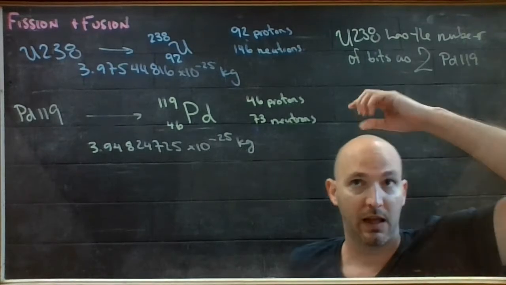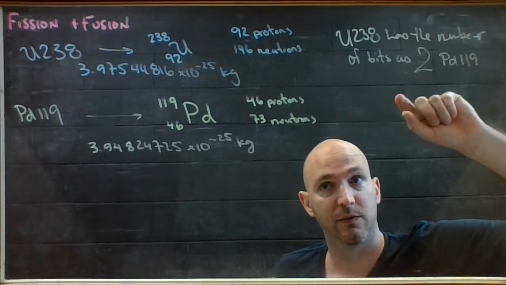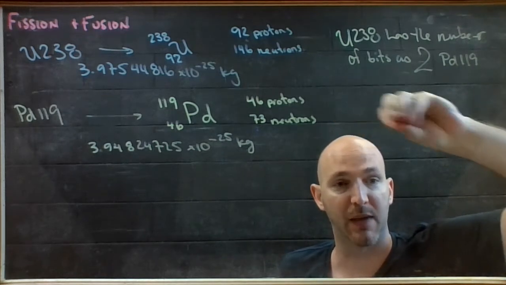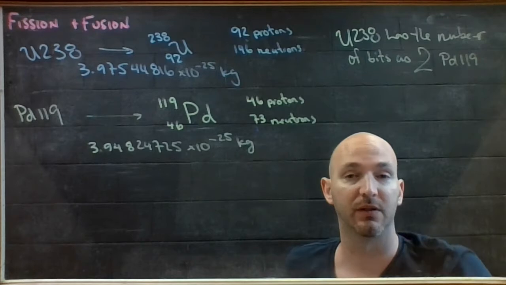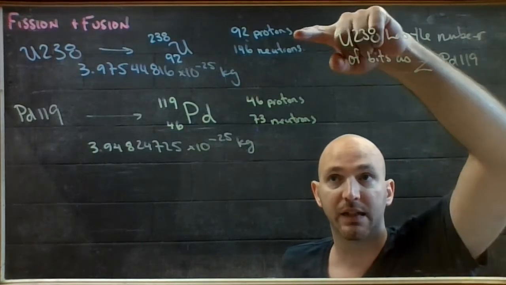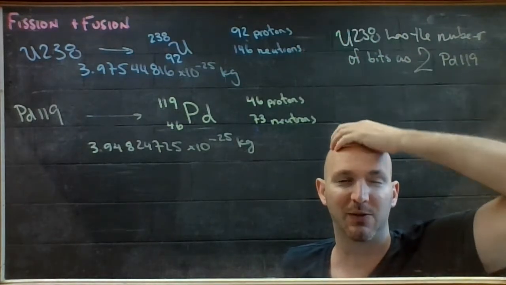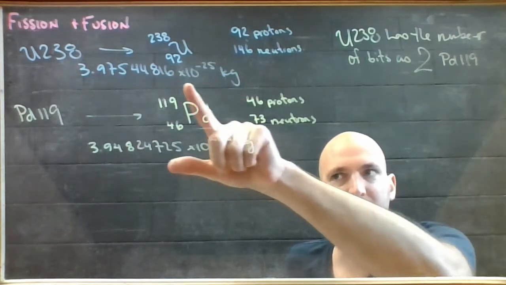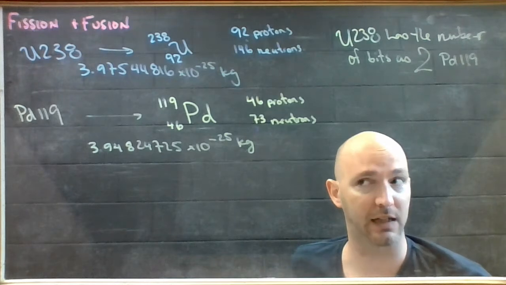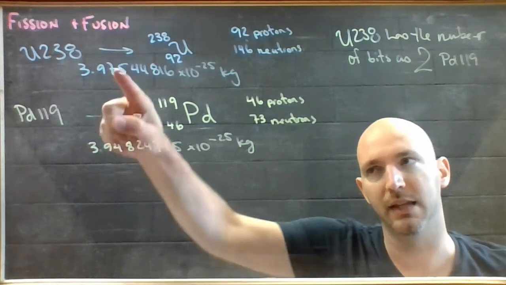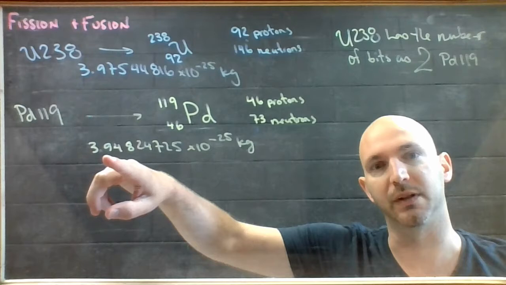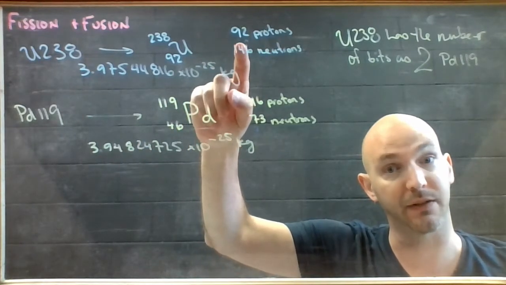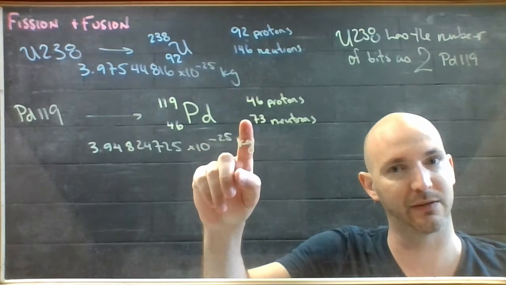So, if you take 46 protons, 73 neutrons, and pack them together, they weigh this much. If you take 92 protons and 146 neutrons, which should be the same number of particles, and you add them together, you get this much. And if you check, this number is bigger than this one is. If you configure them this way, they are heavier than if you configure them this way, twice.